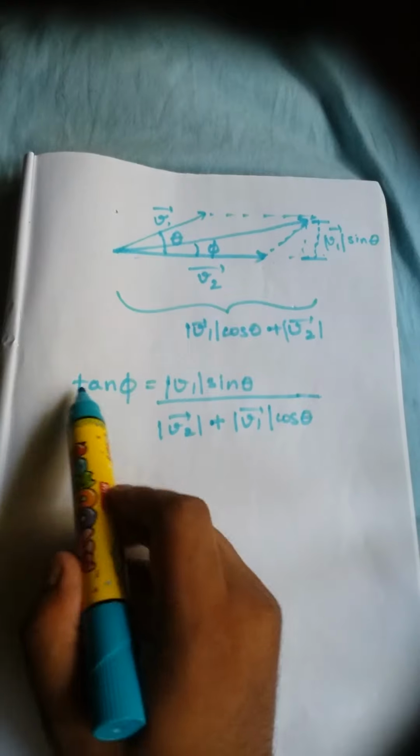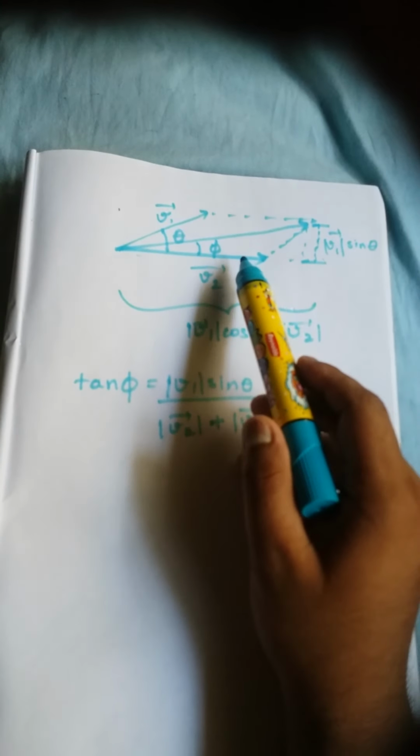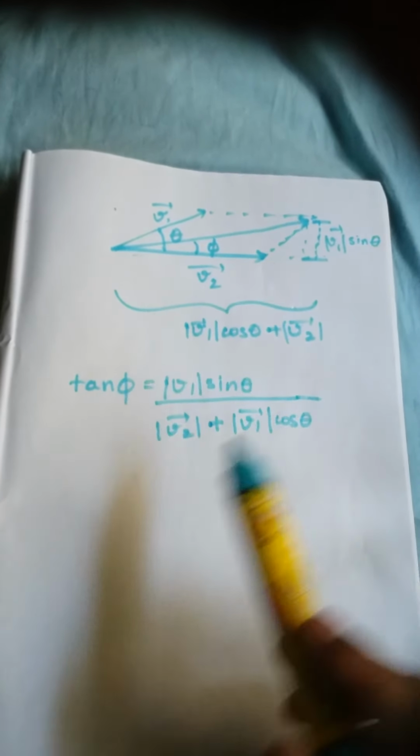So that's the formula of the angle of the resultant vector with the initial vectors.